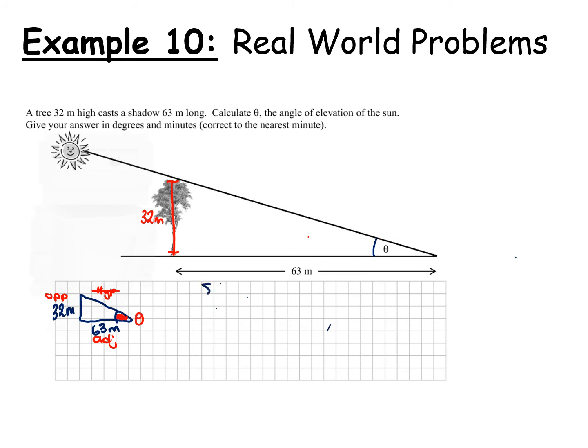So I'm going to write down how I remember my sine, cos and tan, however that is. I'm going to use SOHCAHTOA, and I'm talking about opposite and adjacent, so that must mean I'm dealing with tan. So I have the tan of theta, and that's going to be equal to opposite over adjacent.